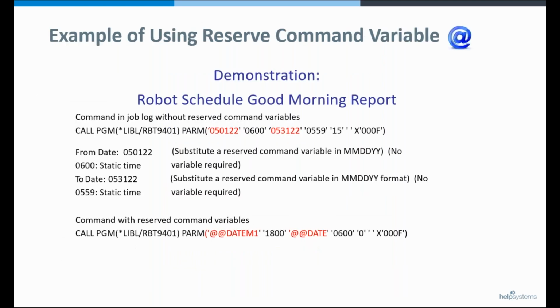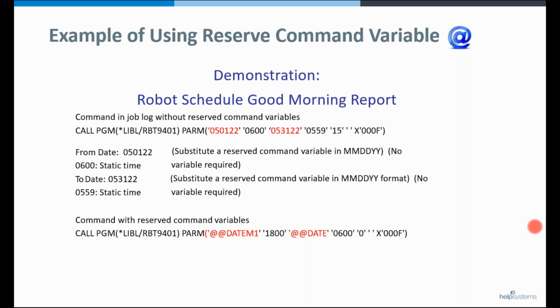Next slide. So, in here is again that good morning report with us calling the program directly without the command, passing in a month range of date, hard coded. That's probably not a good idea. So on the bottom, we show you how to use a reserved command variable and give you the values that you would need in order to call this program and pass in the correct parameter.